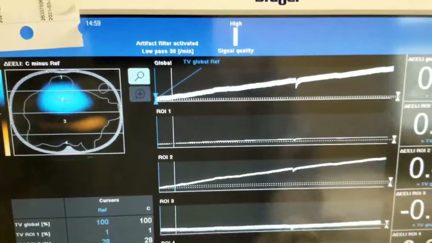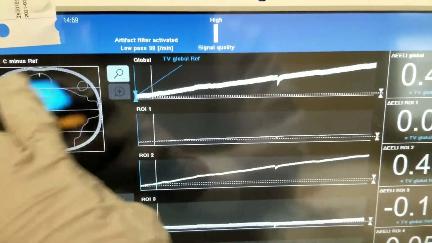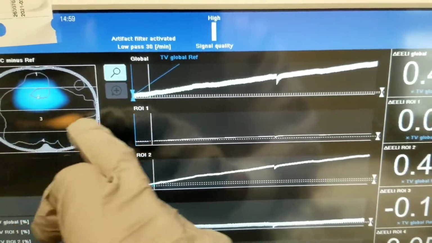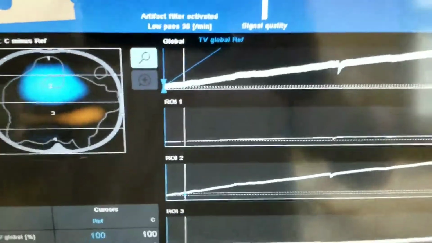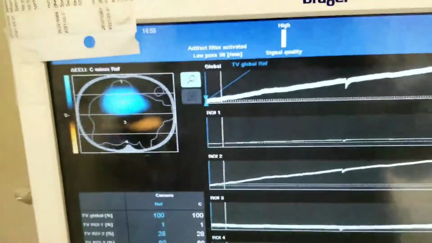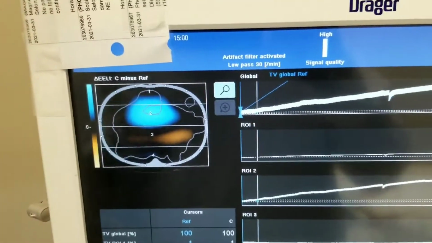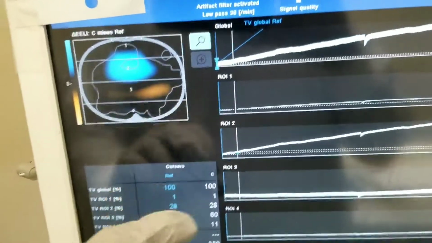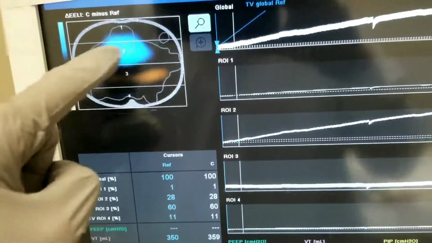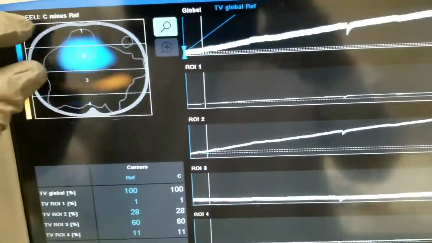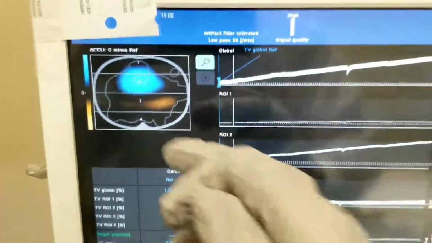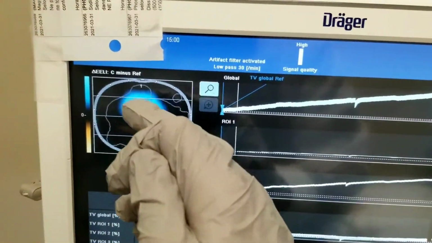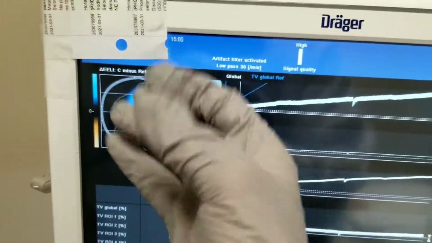Here you see that volume is being redistributed to the ventral area. This is not bad for this specific patient, because when I show you the main screen, he actually has most of his ventilation here, and here there's very little. So by adding positive pressure ventilation, you're getting better maintenance of the lung here, staying open.